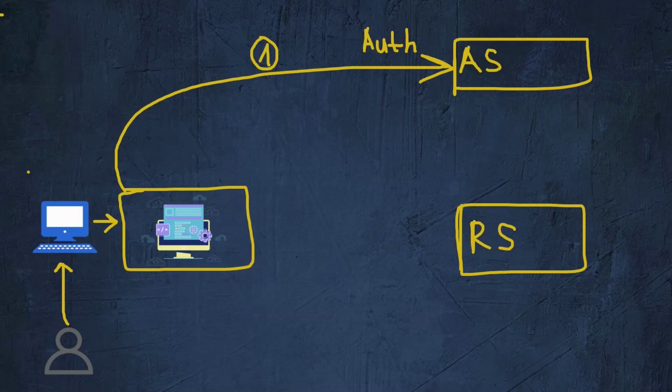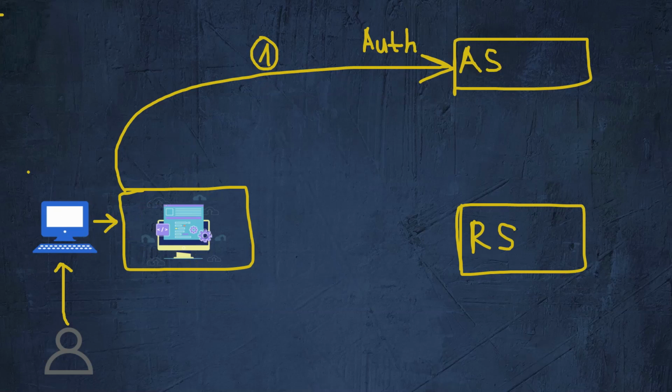Now we come to different grant types. So the grant types are basically going to be different flows in which we can authenticate our application. So in case we're using a device like a smartwatch, it's going to be the device grant type. In case we use an application that runs in the backend and not in the browser, we are going to use authorization code type.